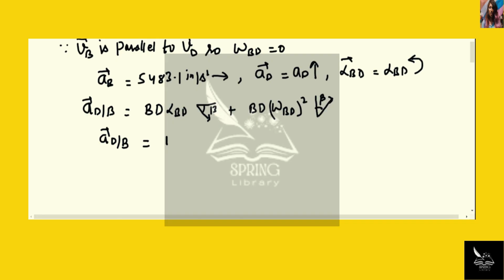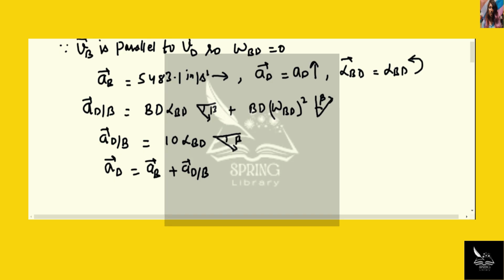BD is given as 10. This is alpha BD. The acceleration of D you may write as the acceleration of B plus the relative term. Substitute the values.